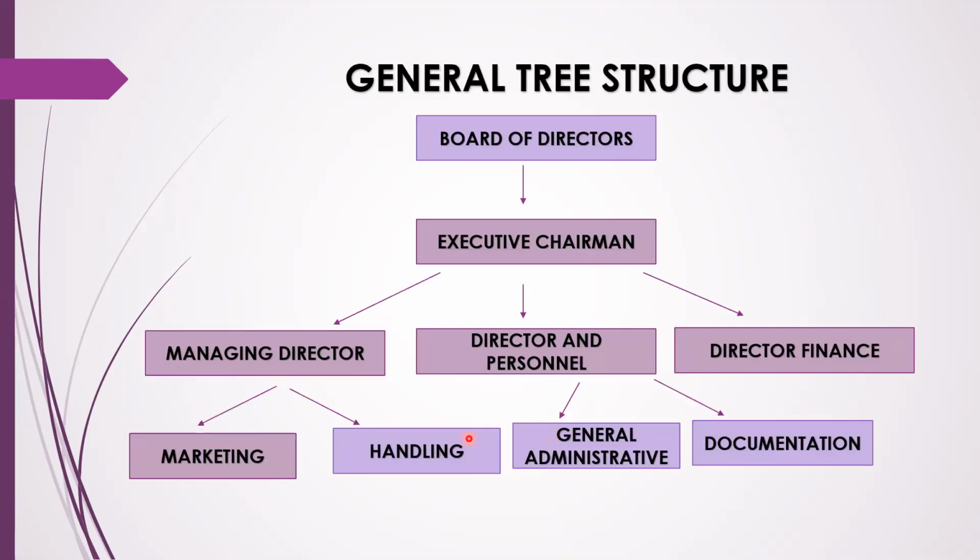Now, this is a general tree structure of an organization. Like you have the board of directors, the company owners, and then you have some executive chairman like CEO, and then under him you have managing director, director personnel, director finance, and in the managing director hierarchy, under him or her you have marketing and some other negotiation handling, and then under director personnel you have some general administrative and documentation.